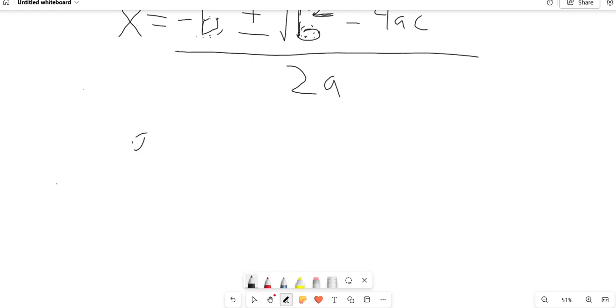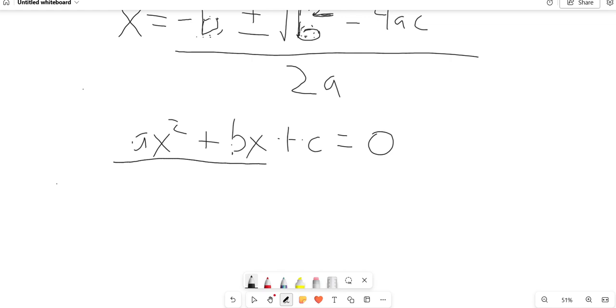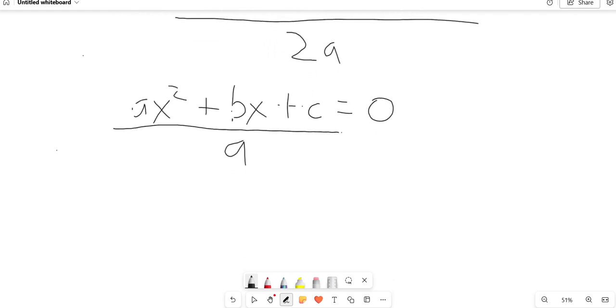If we have ax squared plus bx plus c equals 0, and we want to complete the square, we need the leading coefficient of x squared to be a 1, so we'll divide everything by a first. When we do that, we get x squared plus b over a times x plus c over a equals 0.